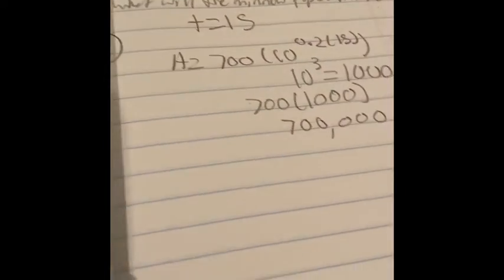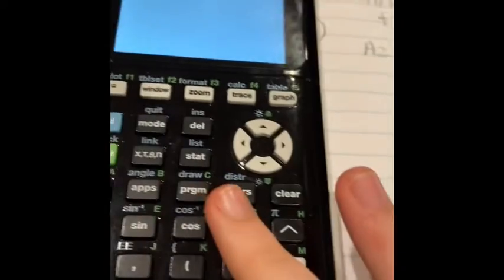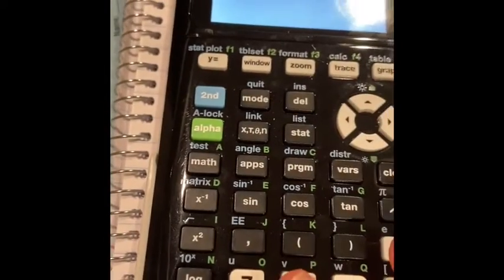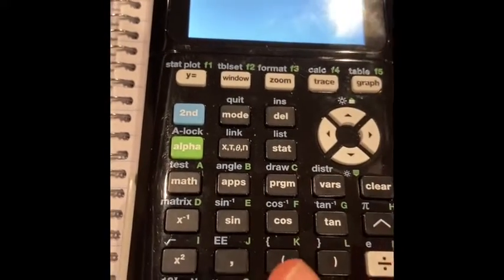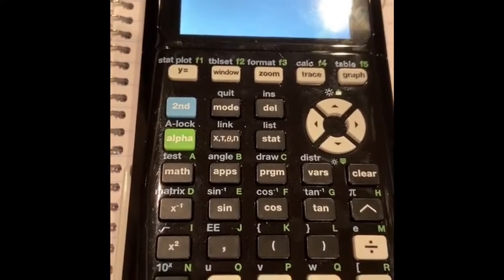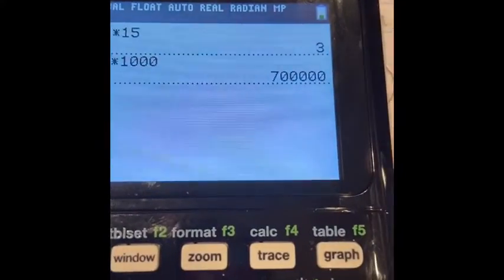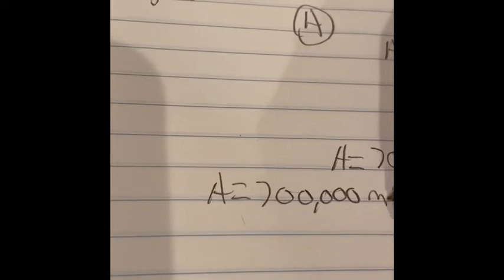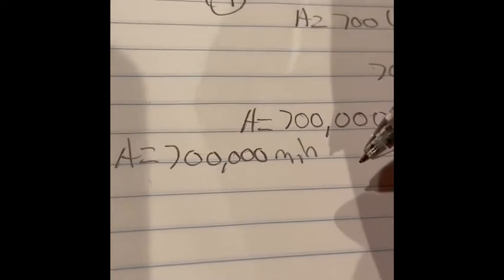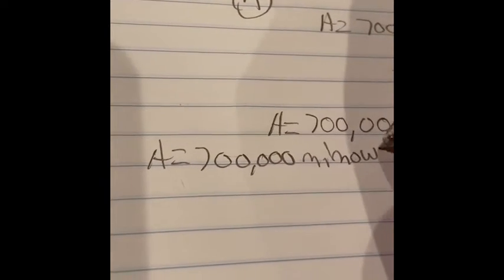I can check my math real quick, but I'm pretty sure that I've got it. Yep, there we go. All right, so now we have our answer for A, which turns out to be 700,000 minnows.